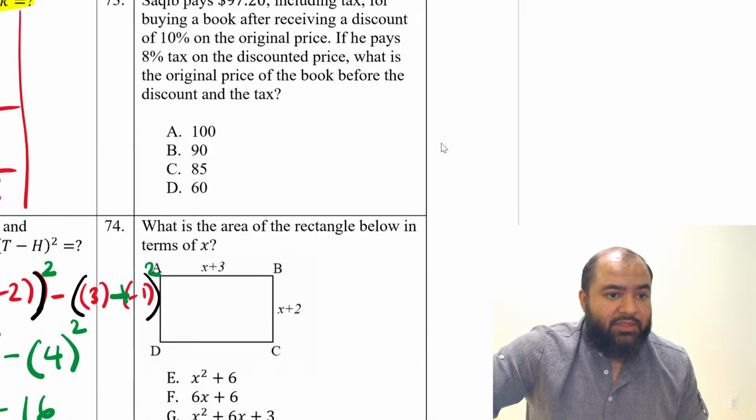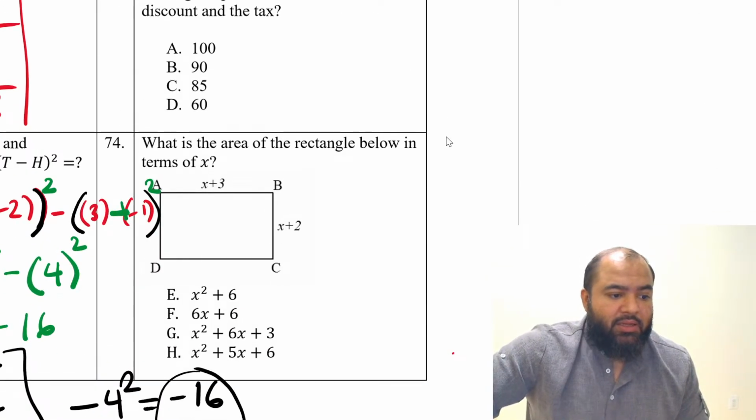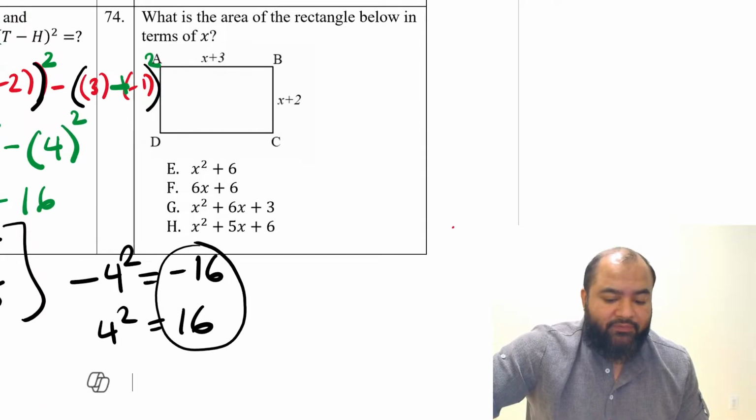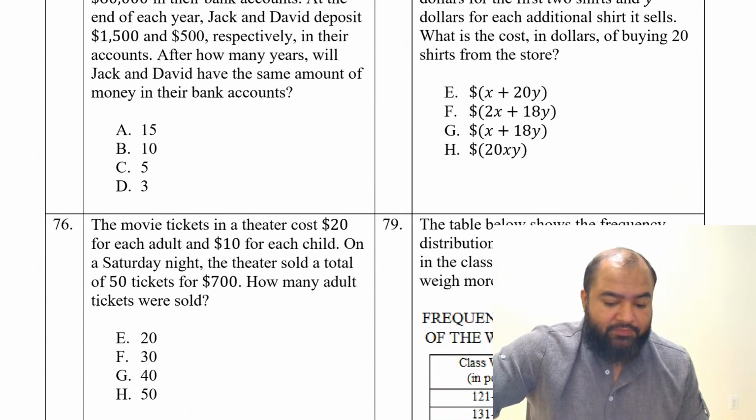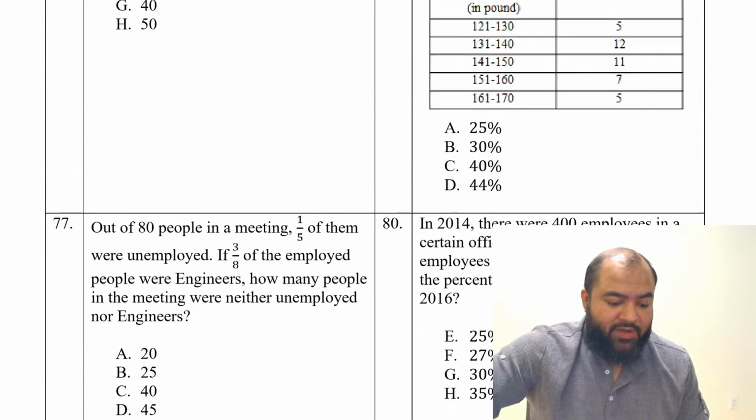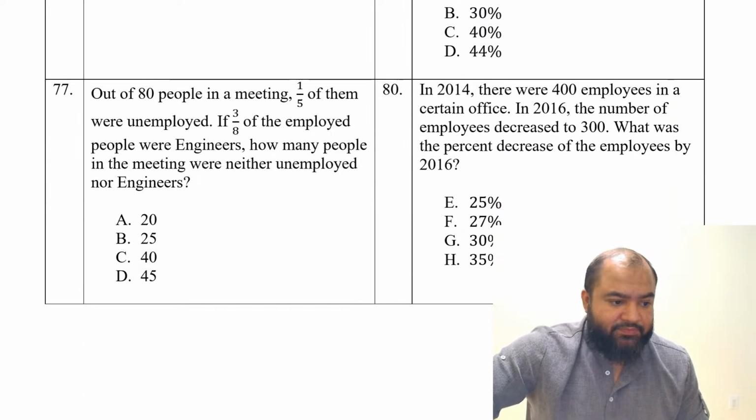Now 73 and then 74. Then I have here 75, 77. Yeah, genius, what's your question?